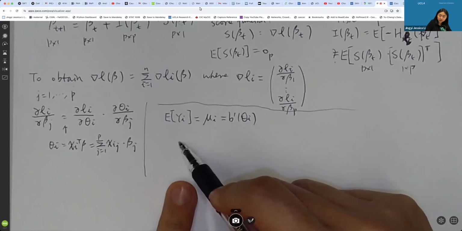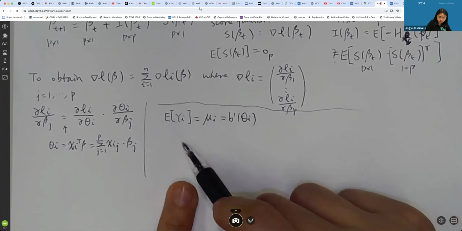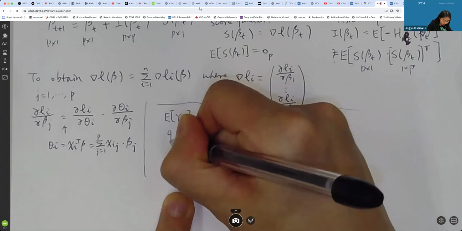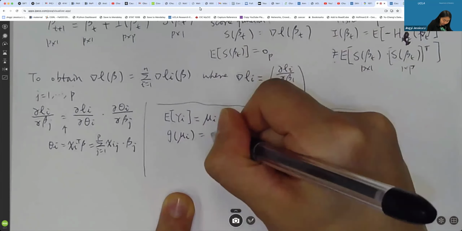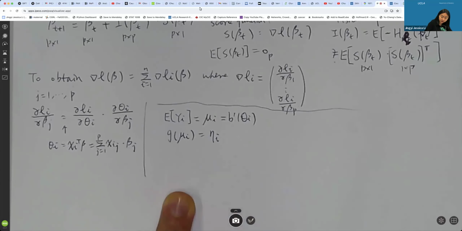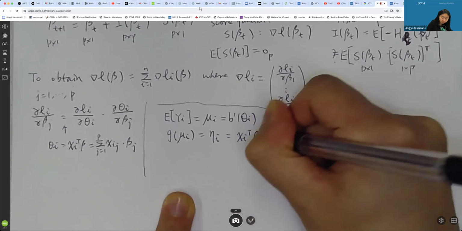This is the property of the exponential family from the random structure. From the systematic structure, we have the link function g of mu I defined as eta I, the linear predictor, defined as xi transpose beta.